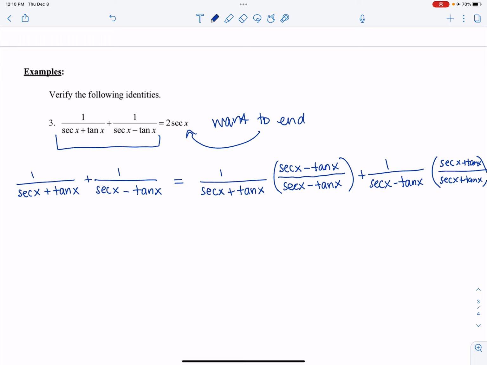Okay? Which will give us a common denominator, so we can add the numerators now.